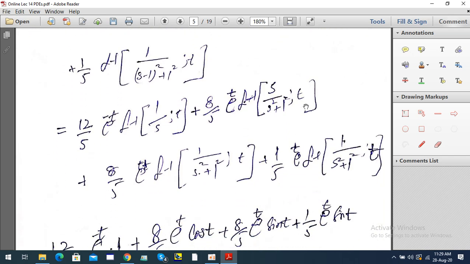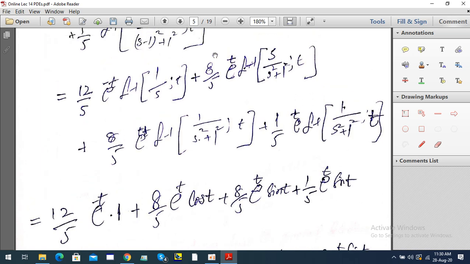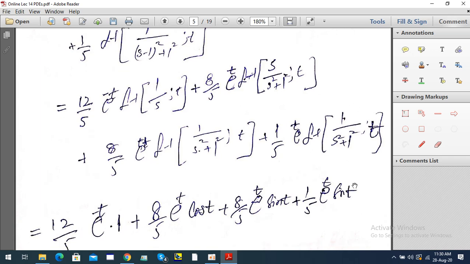So that is 8 by 5 e power t, Laplace inverse, and now this one, we have f of s minus 1, so e power t, 1 by 5 e power t, and the Laplace inverse of 1 by s square plus 1 square.